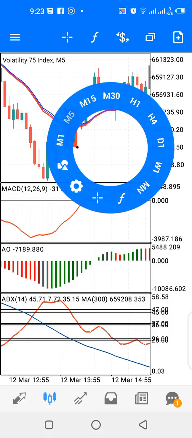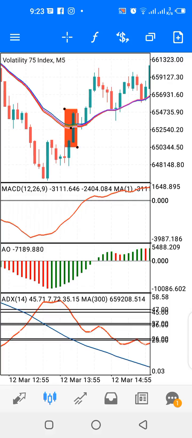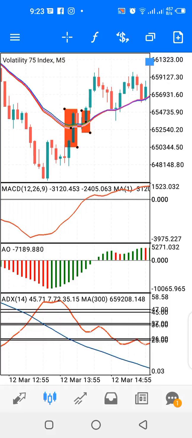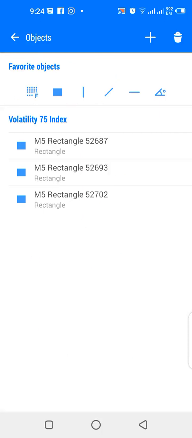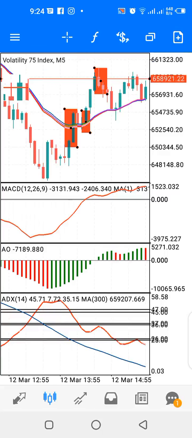And now I have another candle touching. All right. So I'll just count 3 candles above. 1, 2, 3. So I'll place my buy trade somewhere around here. It's going to be my buy signals around here.